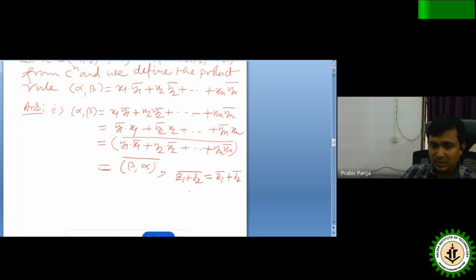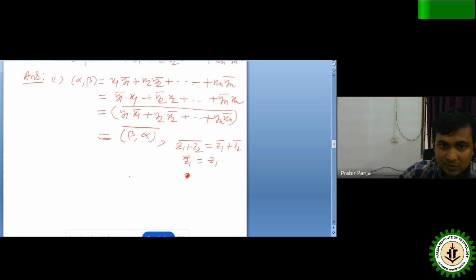In the same way, Z1 bar whole bar must be equal to Z1. In the same way we can write alpha beta as beta alpha whole bar. So we can say condition one is satisfied.